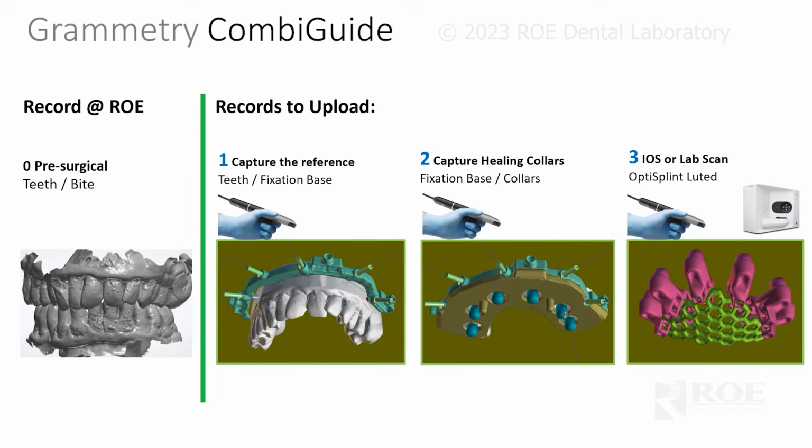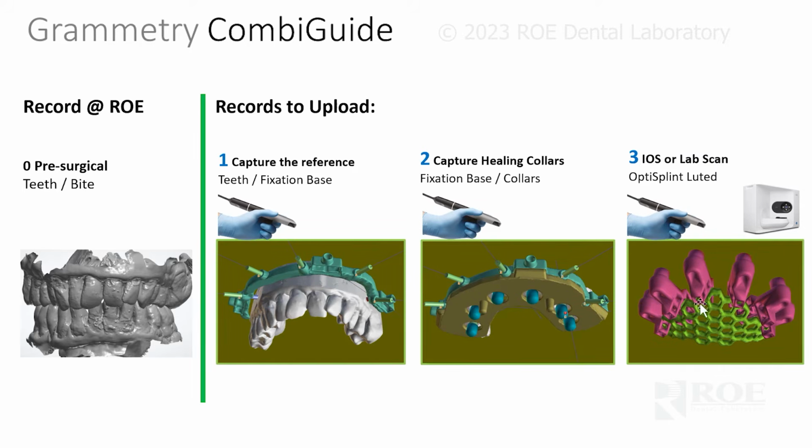So there's one more file, one more scan that you can add. I'll explain that one. But we have the pre-surgical with the setup, so this is already at the lab. We don't need this. We have the first scan of the morning, which is a fixation base in the teeth. Second scan is fixation base, carrier guide, and healing collars.